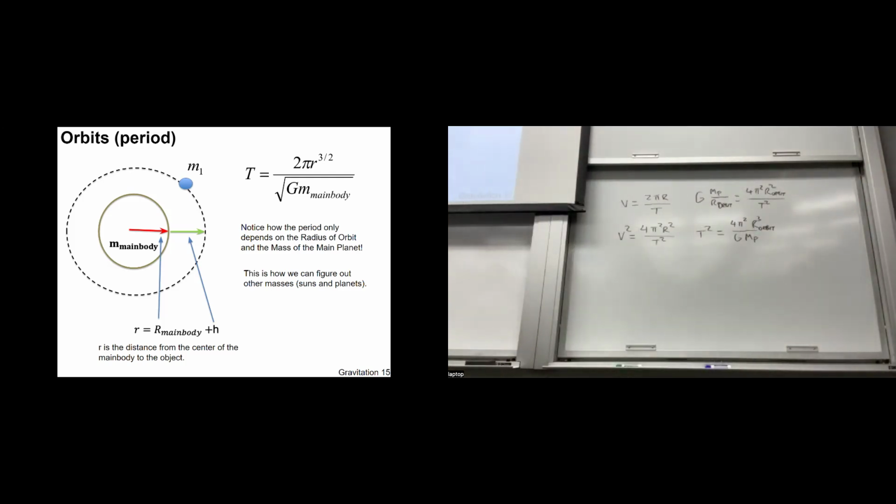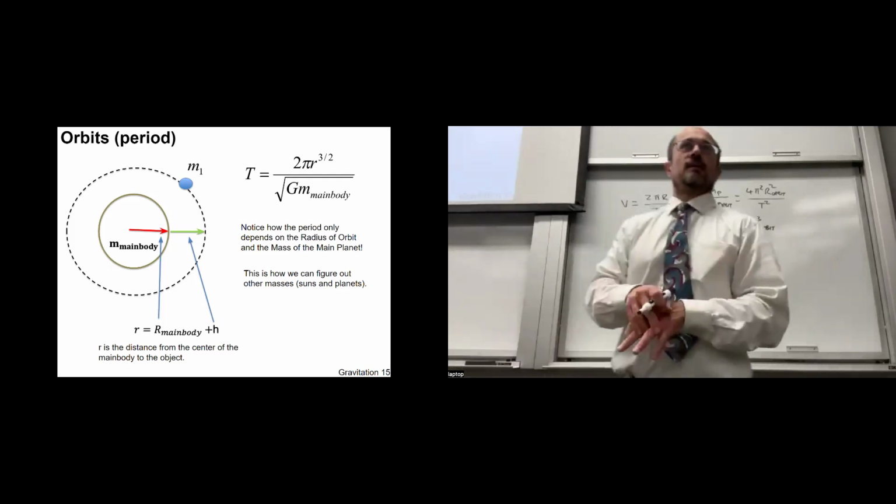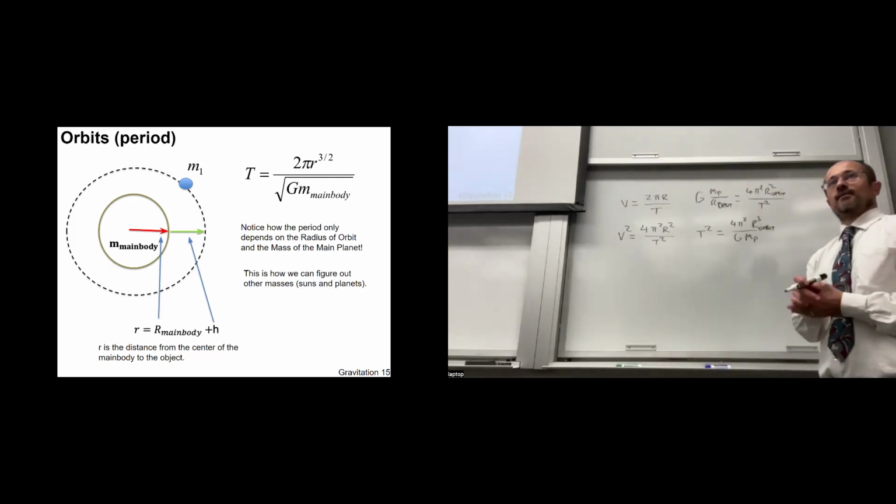All right. So we now have our last equation, that the period squared is 4 pi squared r cubed over big G m of whatever you're orbiting, be it a planet, comet, asteroid, another sun, whatever it may be.